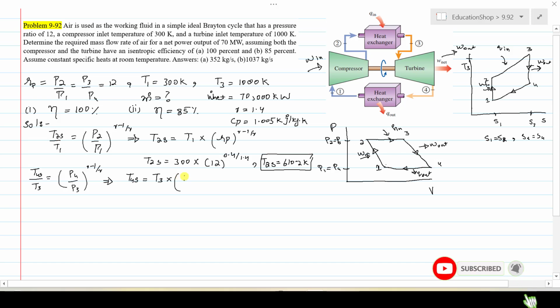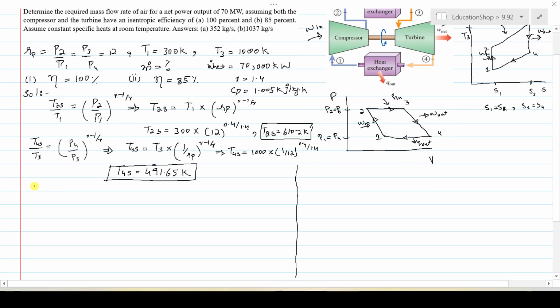So I can write here 1 over Rp. Now just simply enter the values, and solving this on the calculator gives T4S as 491.65.